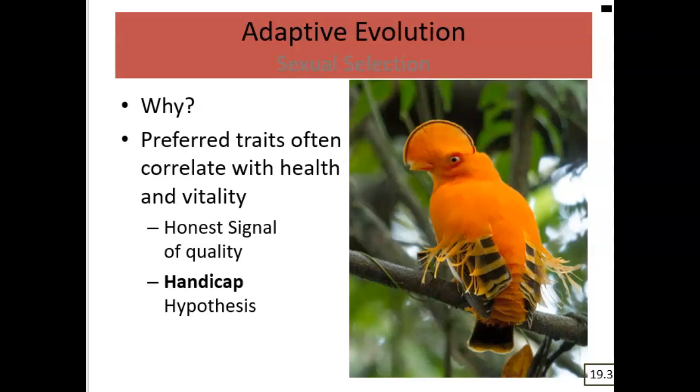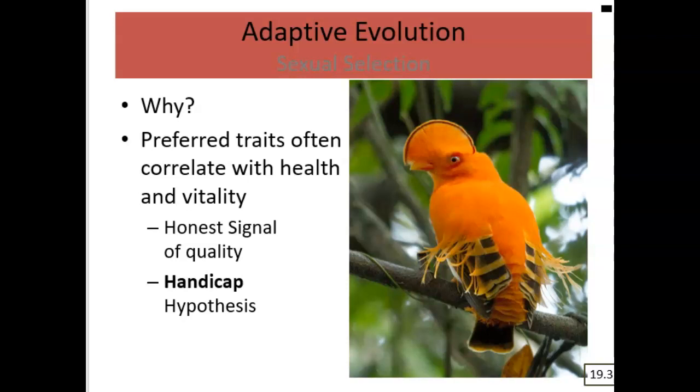Imagine it had that long tail of a peacock. How terrible that must be to try to do anything. If they're able to put up with that and still get enough food and survive being eaten by predators and everything else, well, that must mean they're pretty high quality and would be appropriate to be the parent of the offspring.